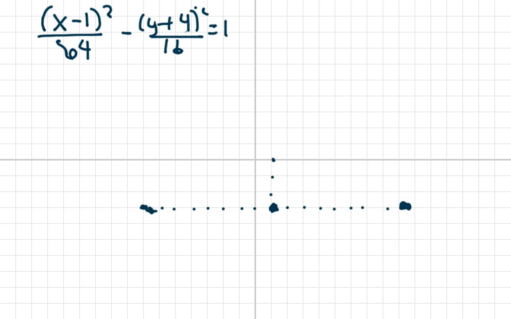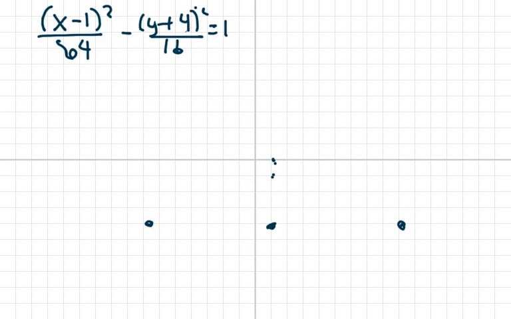So we're going to go 1, 2, 3, 4. Did we go down right? 1, 2. We should have gone down 4. So let me move this down. Should have been 4. And this would be here and here. And I'll erase this. Sorry about that.